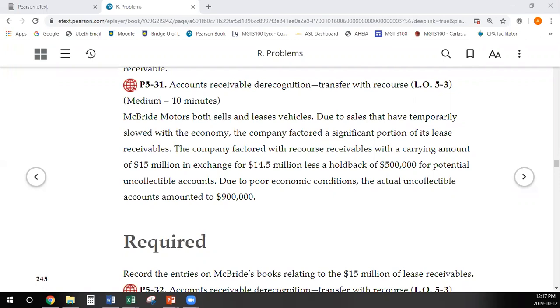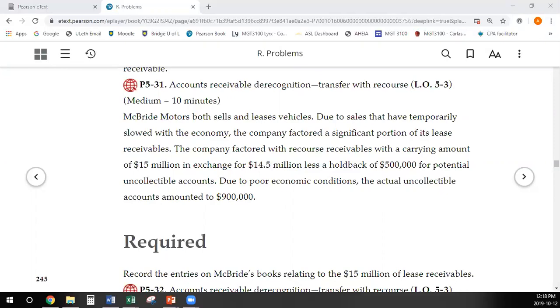The company factored with recourse receivables with a carrying amount of $15 million in exchange for $14.5 million, less a holdback of $500,000 for potential uncollectible accounts. Due to poor economic conditions, the actual uncollectible accounts amounted to $900,000. So the required is to record the entries on McBride's books relating to the $15 million of lease receivables.